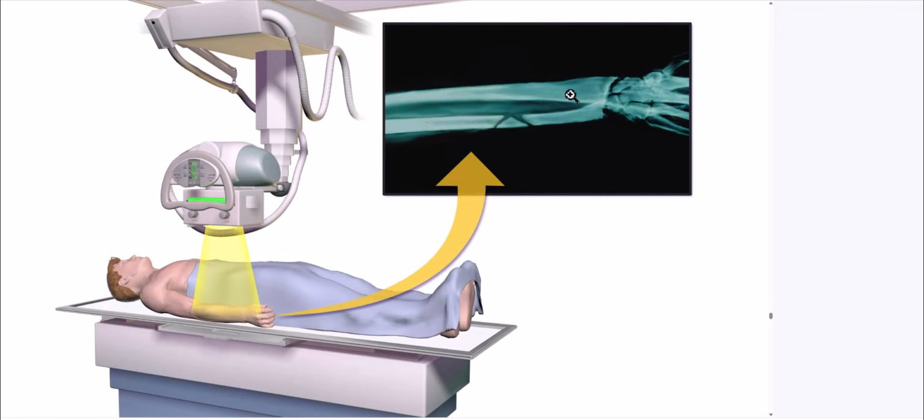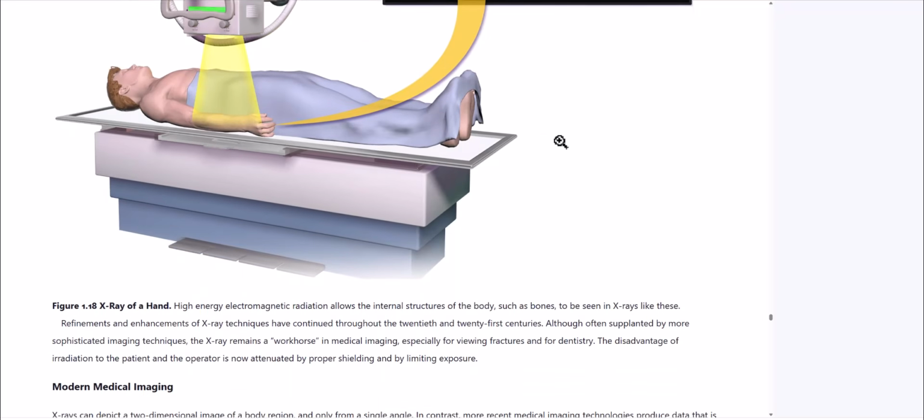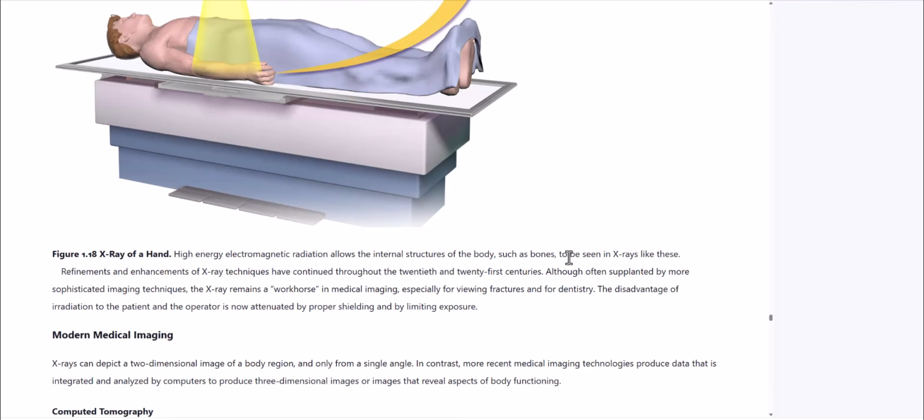So we see the bones, and we can see fractures of the bones, as in this particular image. Now, the problem with X-rays is that you are being exposed to a significant amount of radiation. And so while the amount of radiation has been reduced over the years, we have more efficient equipment, we still want to be mindful of the number of X-rays that we're having.